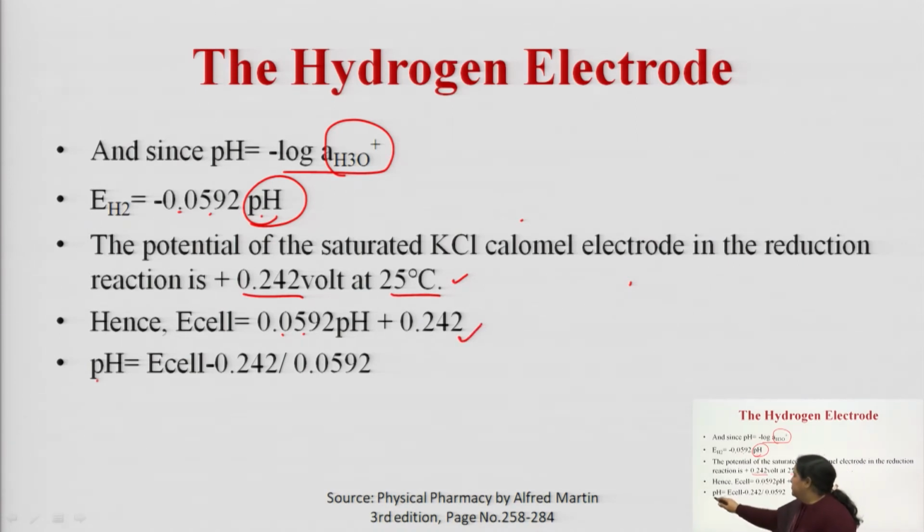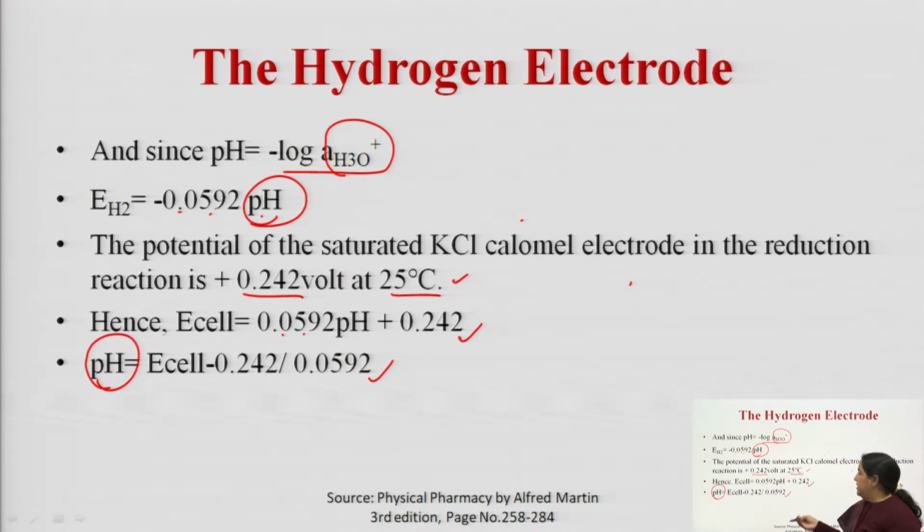And the pH of the solution that is to be determined can be given by E cell minus 0.242 divided by 0.0592, right. So, in this way we can get the pH of the test solution.